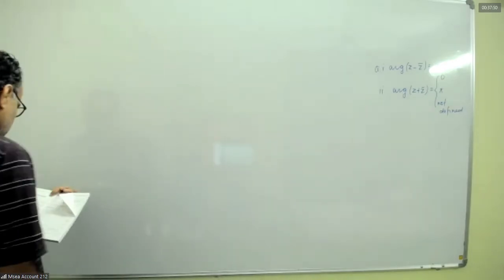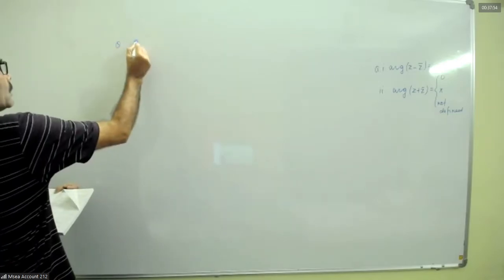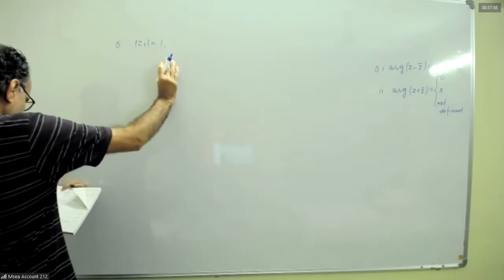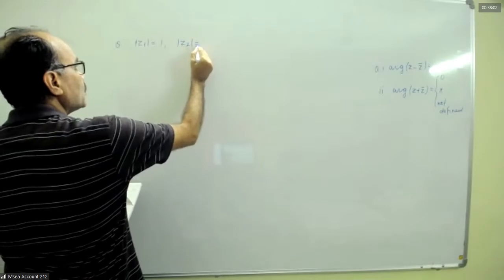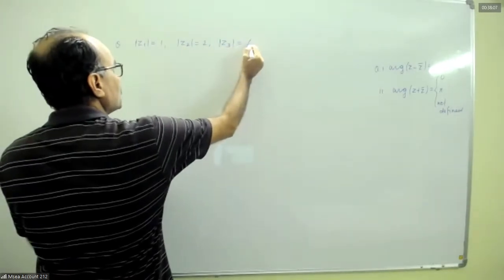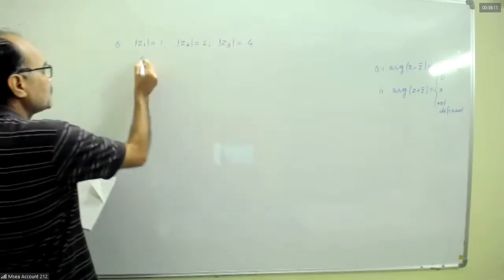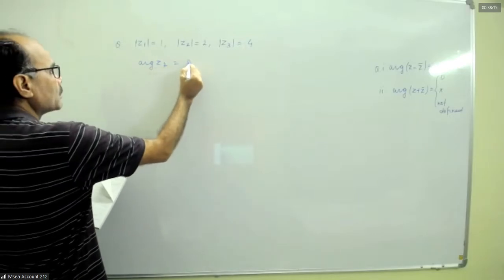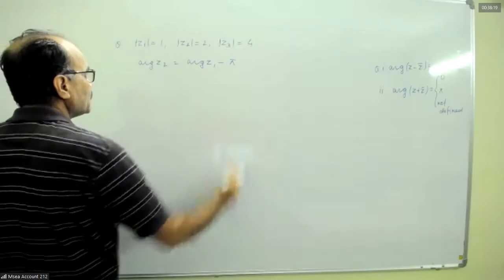Next. Z1, Z2, Z3 are three distinct complex numbers. Mod Z1 is 1. Mod Z2 is 2. Mod Z3 is 4. Argument of Z2 is argument of Z1 minus pi.